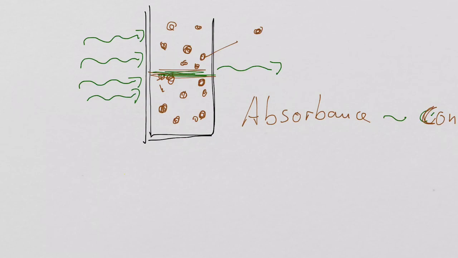What would actually happen if I used yellow light? What would happen if there was yellow light? Probably all of it would go through.